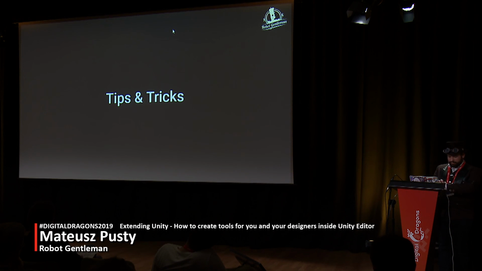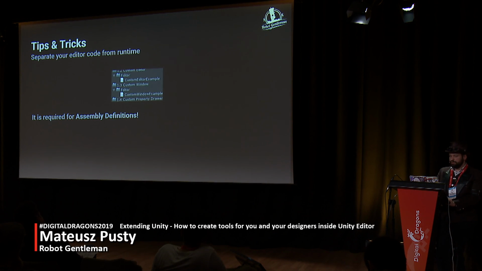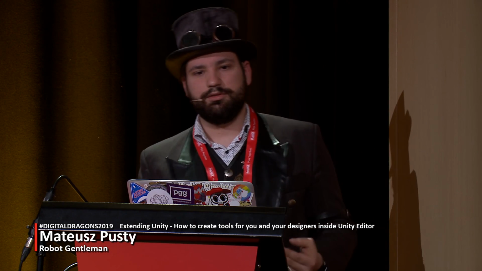Some tips and tricks. First thing that's not exactly a tip and trick, but you should do it every time, is to separate your editor code from runtime. Because as I said, when you create your editor code, it cannot be bundled into your executables.